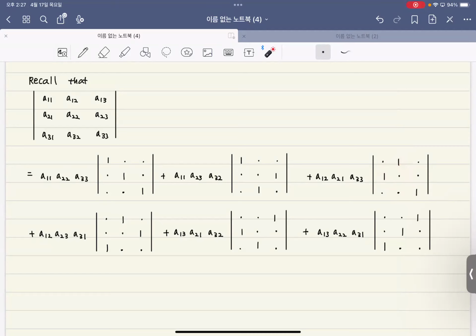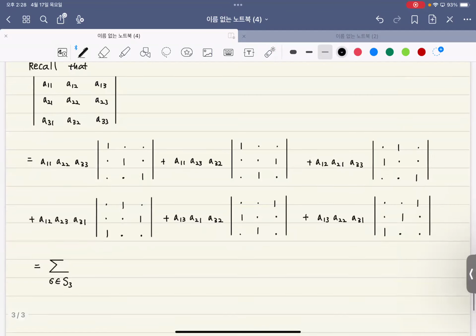Okay, so maybe I can write this entire expression into this compact form.